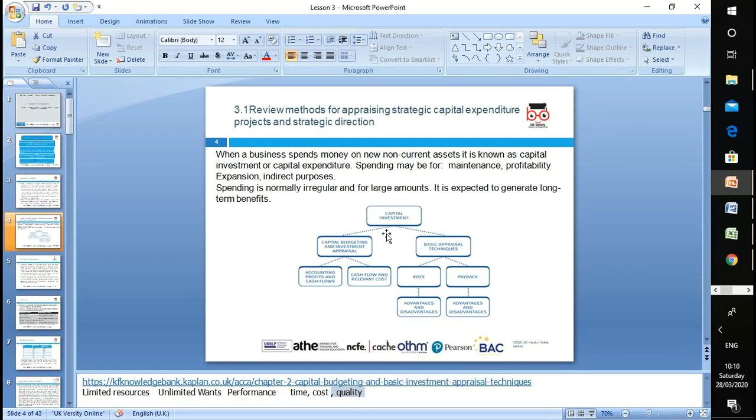Okay, so investment, which we call capital expenditure, we'll go through in today's lesson, and there can be different appraisal techniques: return on capital employed, ROCE, how much money we invest and how much return we get; payback period, the money we invest and how long it will take us; relevant and irrelevant costs, the decision I'm going to make, what effect will it have on my cost, will there be any additional cost or not? All this we will go through in the next few slides.